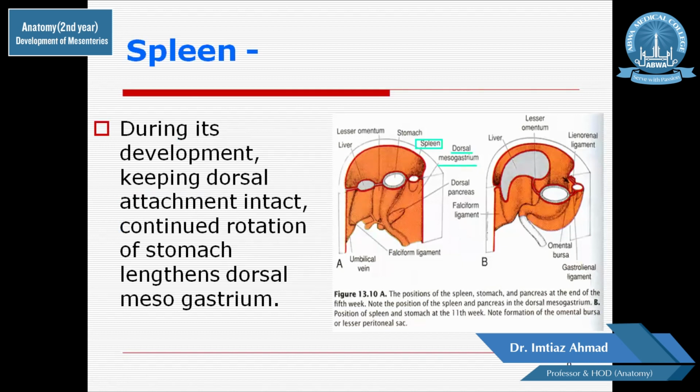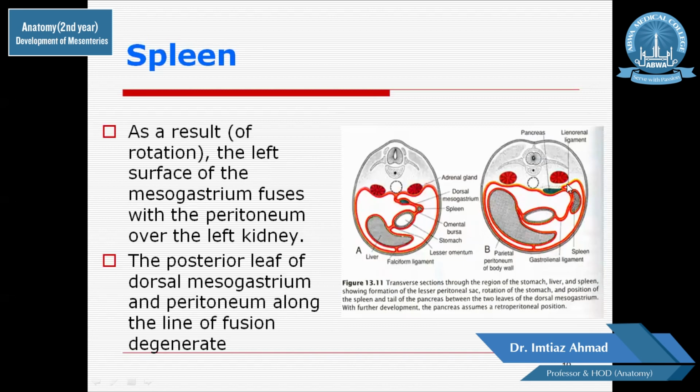The continued rotation of the stomach lengthens the dorsal mesogastrium. As a result of rotation, the left surface of the mesogastrium fuses with the peritoneum over the left kidney. The posterior leaf of the dorsal mesogastrium and peritoneum along the line of fusion degenerate.